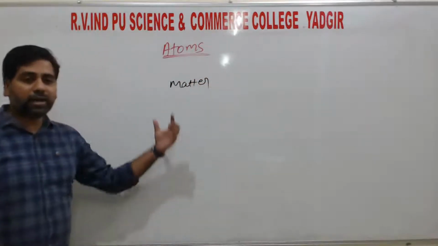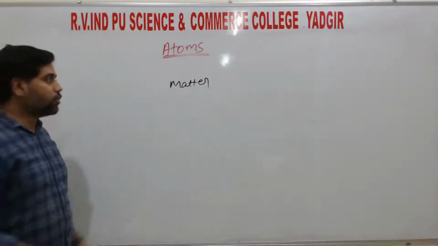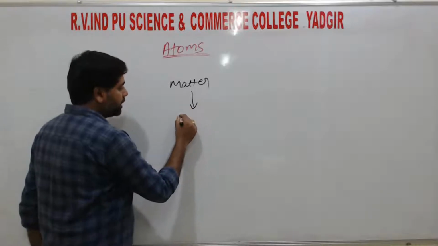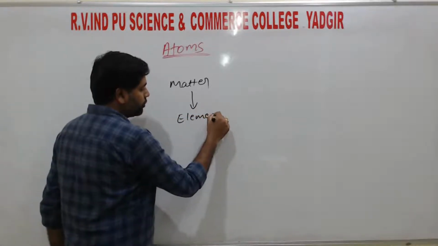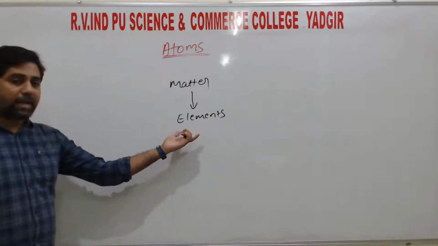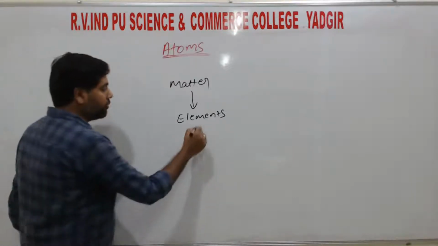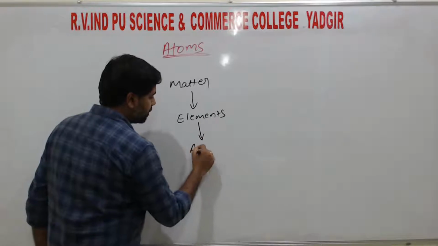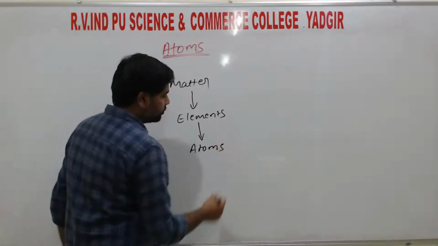If we divide this matter into small particles, then we get the elements. Then we divide the elements further, then we get the final one, that is atoms, right?